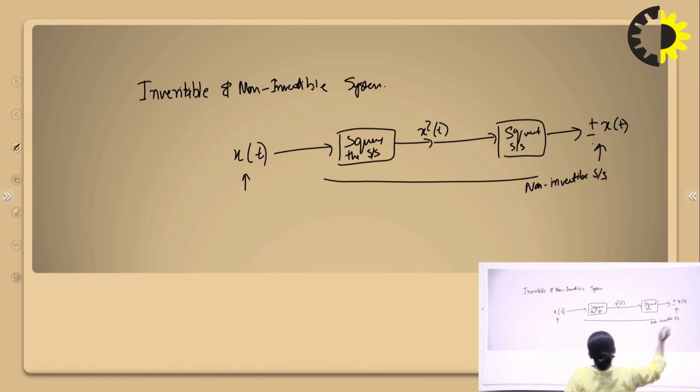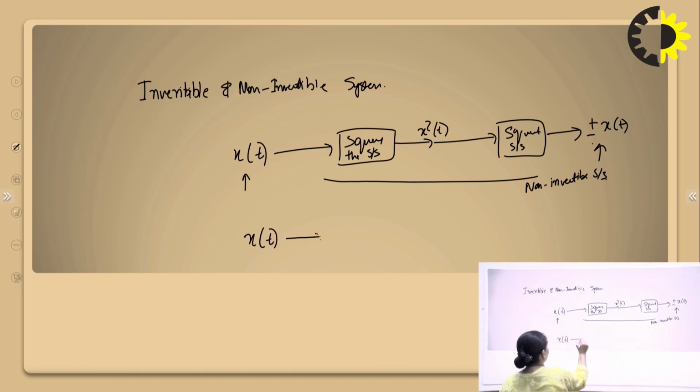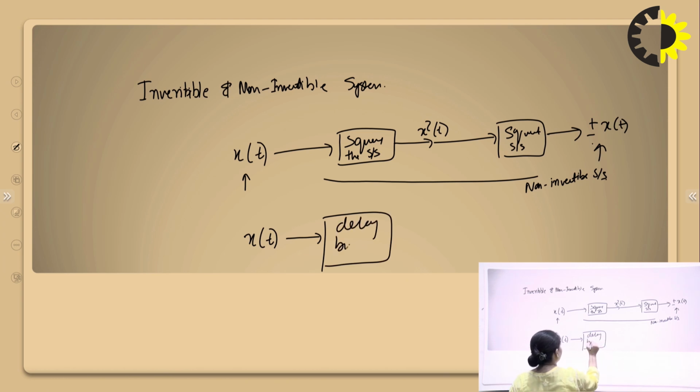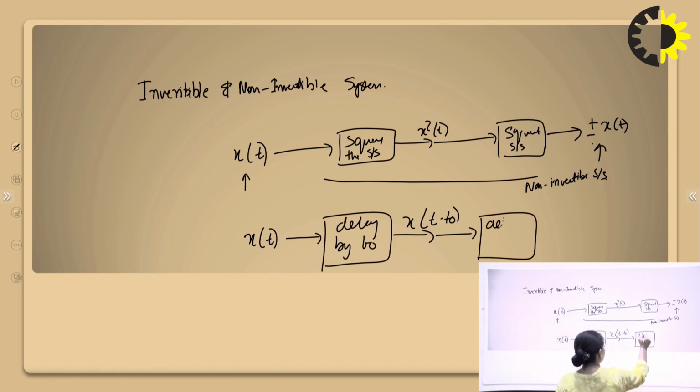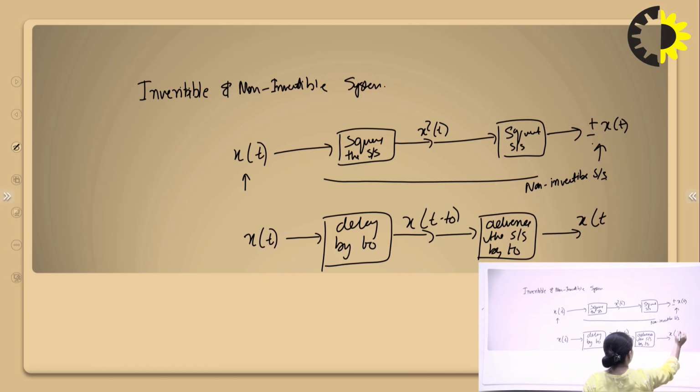Next, suppose I have x(t) and I delay it by t0, I get x(t − t0). Then I advance the system by t0 and I get x(t).